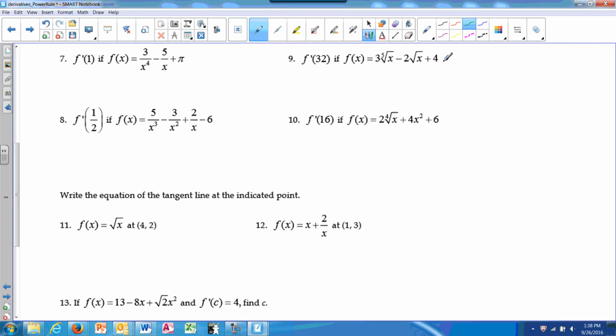I can rewrite this still, and notice I have not yet taken a derivative. I don't want you to confuse simplification with having taken a derivative. All I've done so far is rewrite the y.